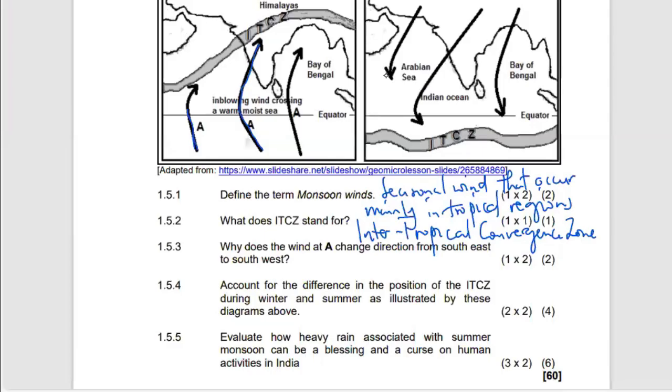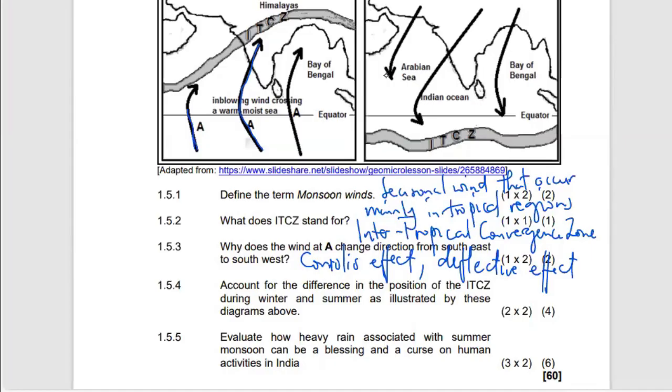The main reason that we must highlight is the change in direction is brought about by the Coriolis effect. The Coriolis effect produces a deflective effect. The wind is deflected because of the Coriolis effect.